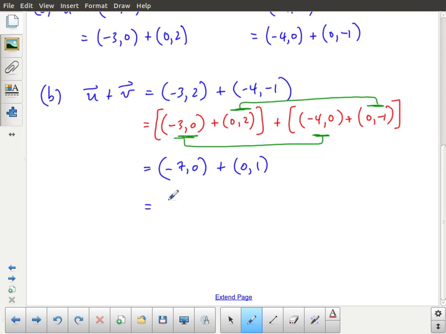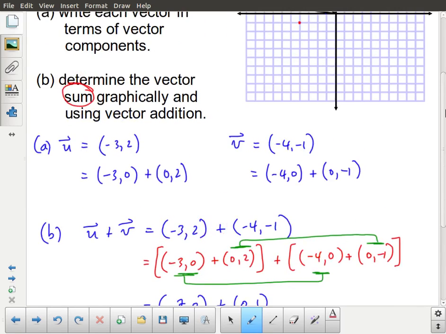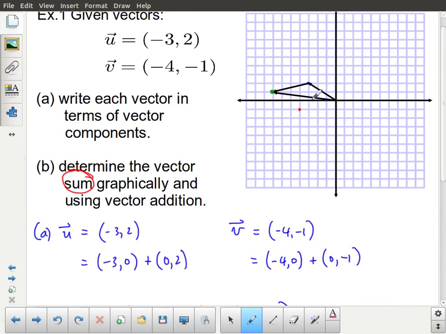Then I combine that into a single vector, and that becomes (-7, 1). And if we go back and refer to our original diagram, (-7, 1) is the resulting point for that vector.